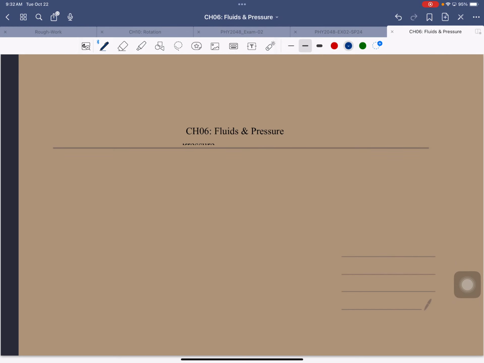Okay, so we'll study fluids and pressure. That's what this chapter covers. Your body has many fluids. You pump blood all over the body that carries oxygen and nutrients.